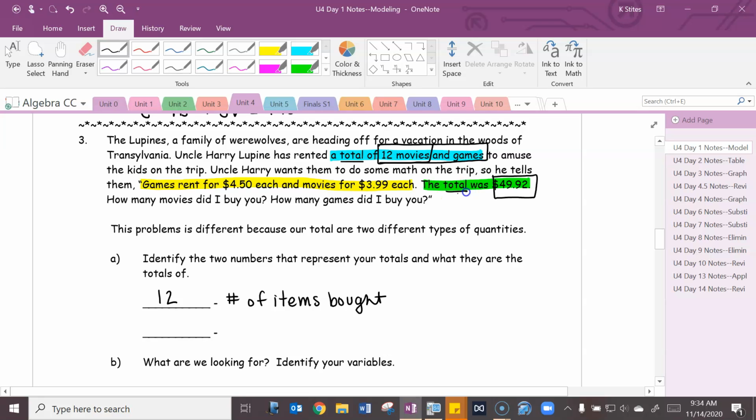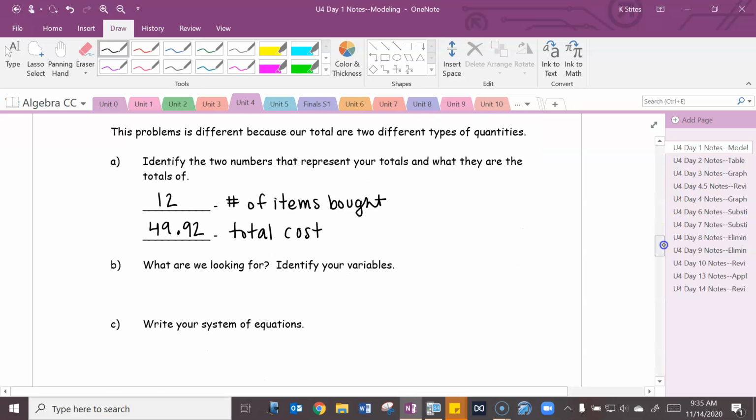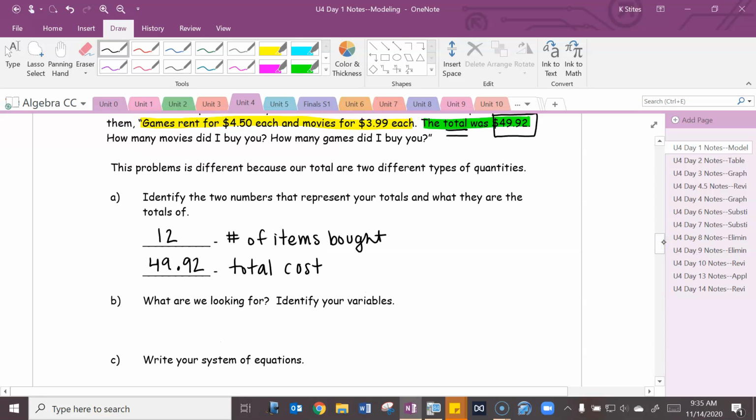Whereas the second total is $49.92. This is the total cost. Notice these are 2 different units. One is a number of items, one is talking about money. So that will change how we write our equation.